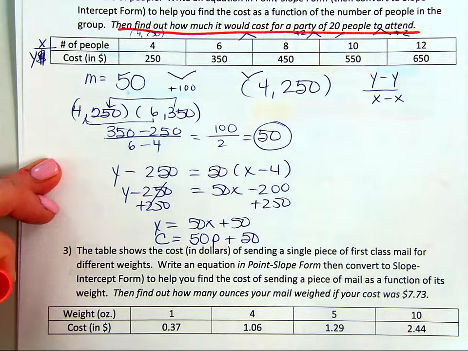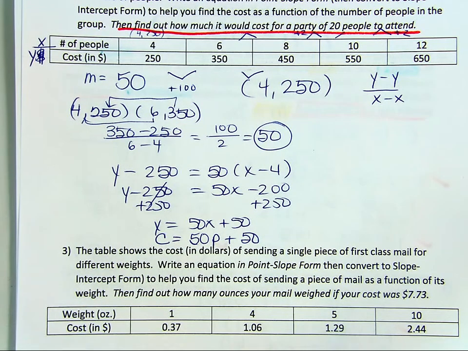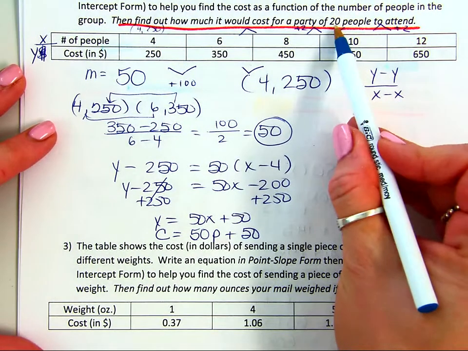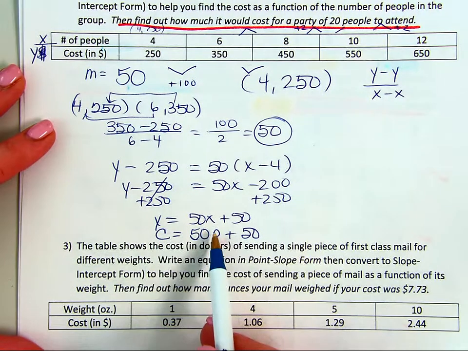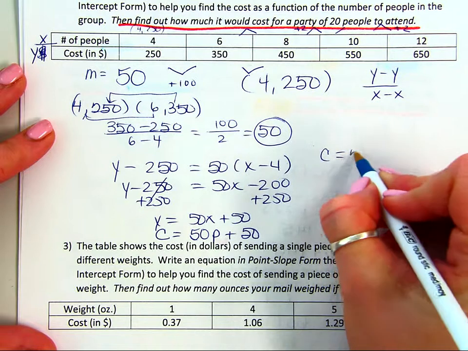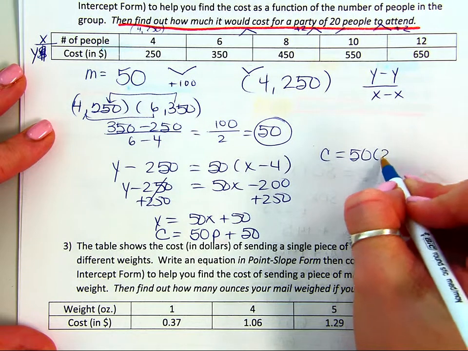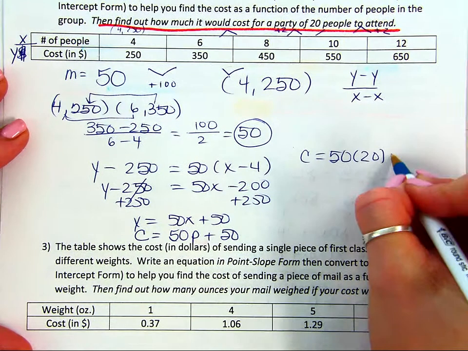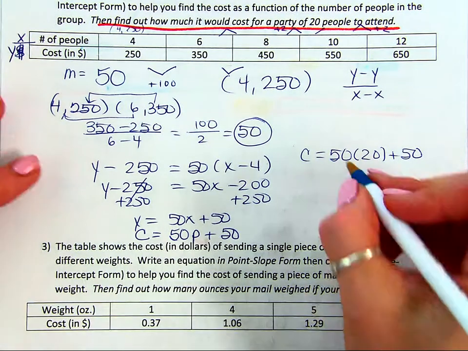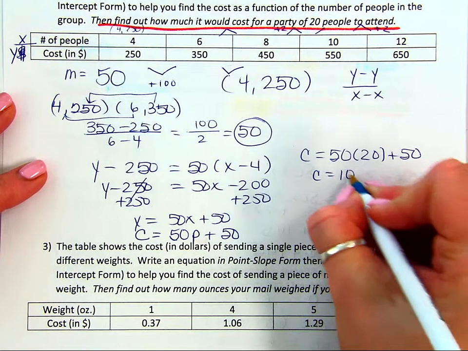So now that you have it all good to go, are you okay with this? Where do I put 20? In for C for cost or P for people? It's 20 people. So my costs will be $50 per person. And if I have 20, don't forget about that initial cleaning fee. So you have cost is equal to 1,000 plus 50.